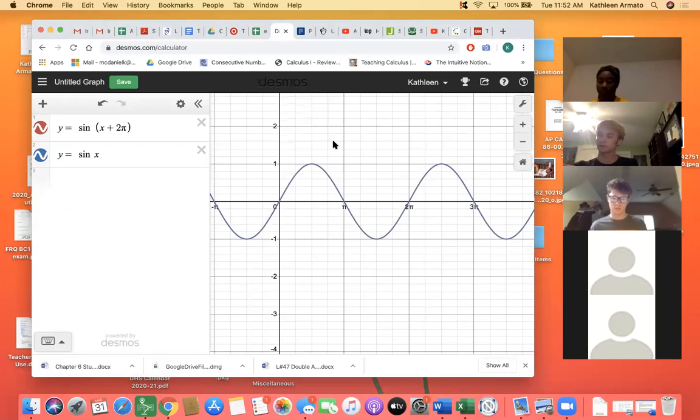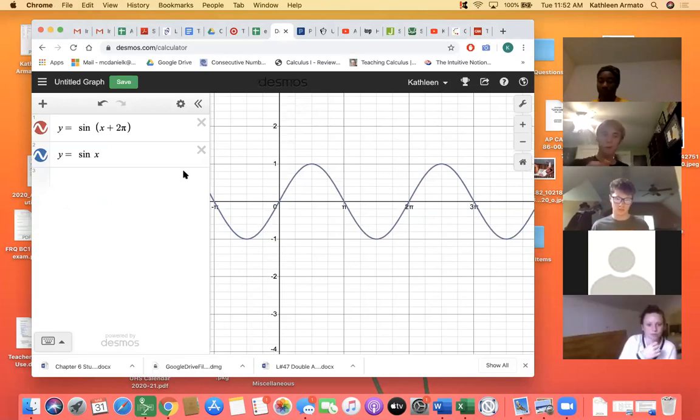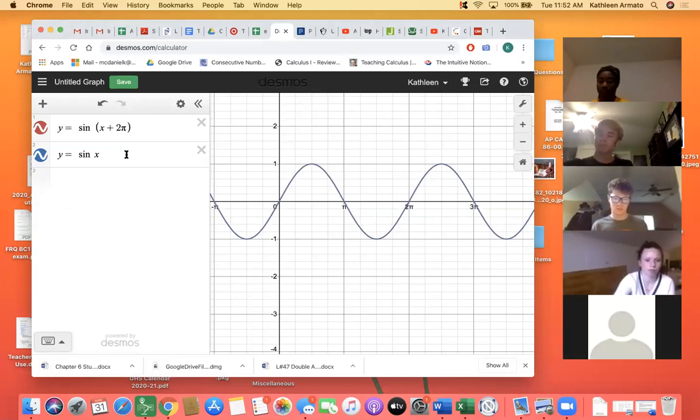Why is that? I only see one graph, but I graphed sine of x plus 2 pi and sine of x. Why would that be that I don't see two graphs? What do you think, Joe? Do you have a thought on why I don't see two graphs?